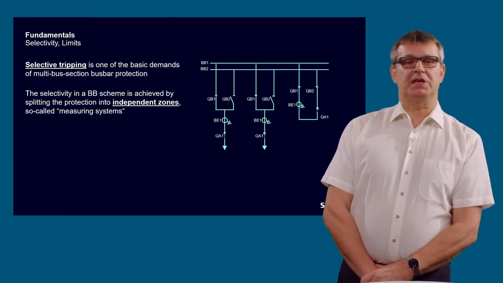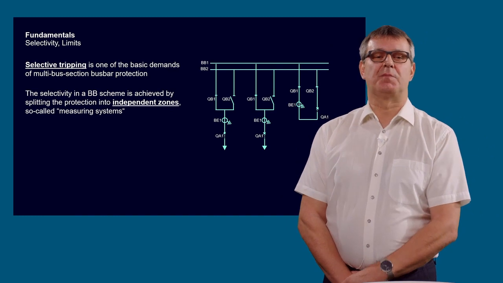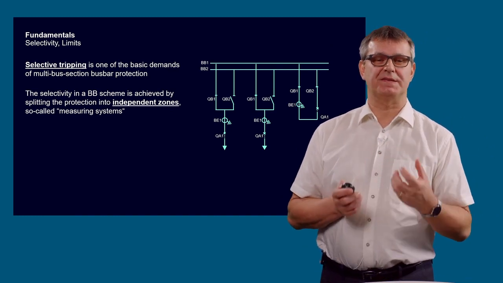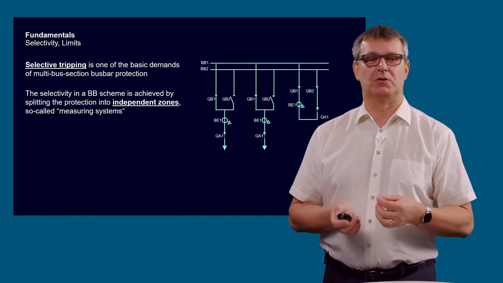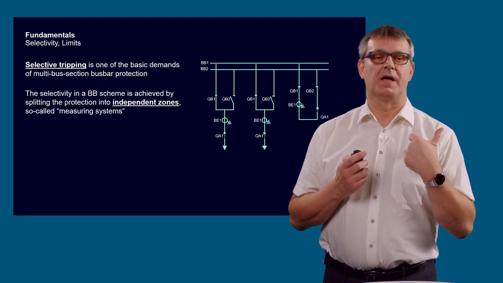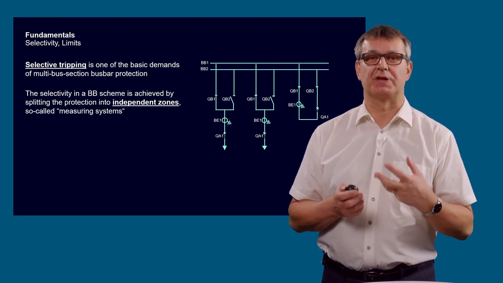Selectivity in a busbar protection scheme is achieved by splitting the whole busbar into independent zones. We call them measurement systems or measuring systems.